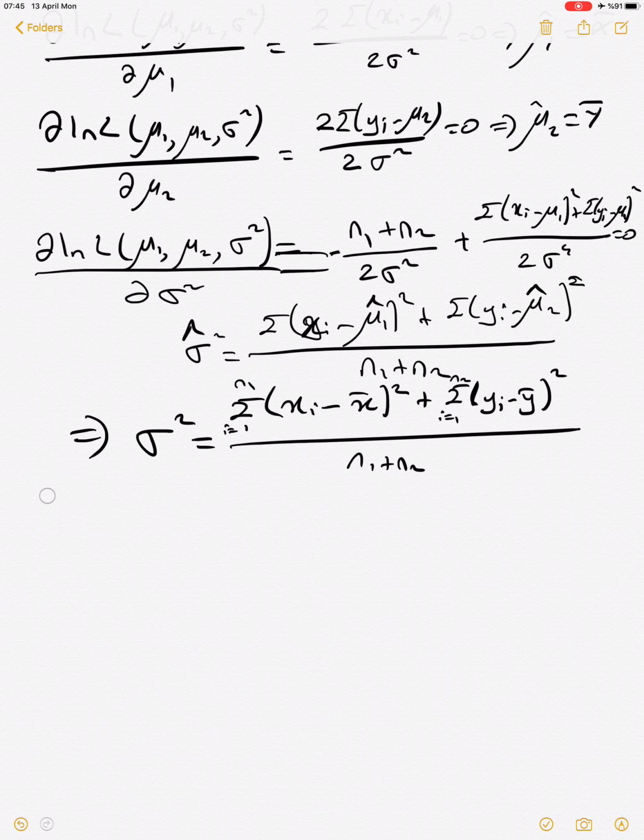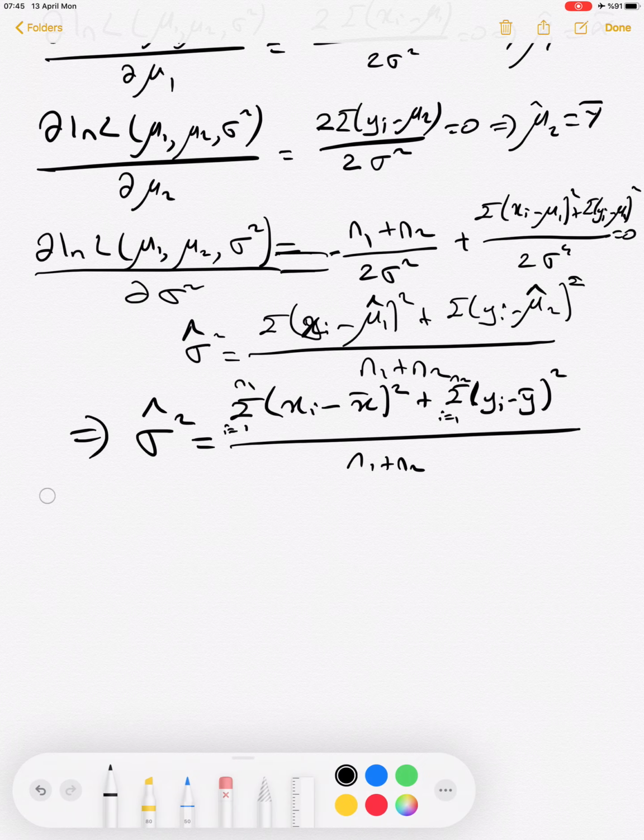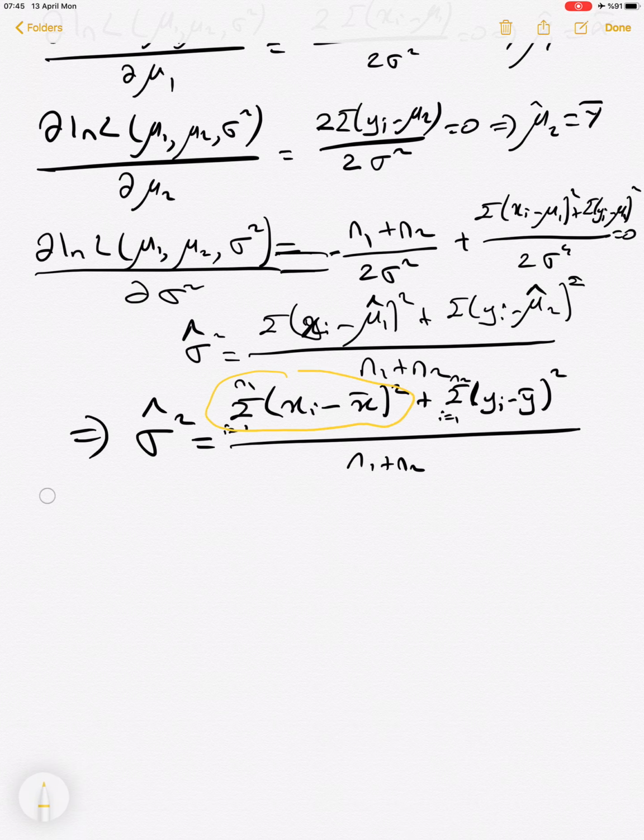If you remember, this is the pooled sample variance. We can write this part as n1 times s1 square, and this part as n2 times s2 square.